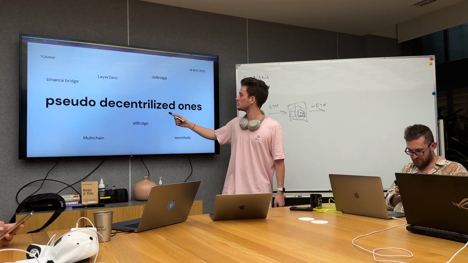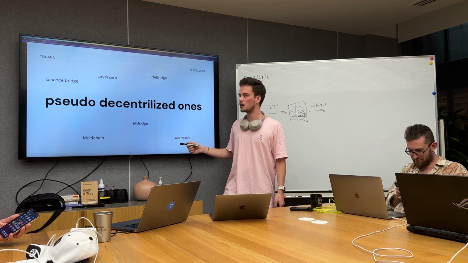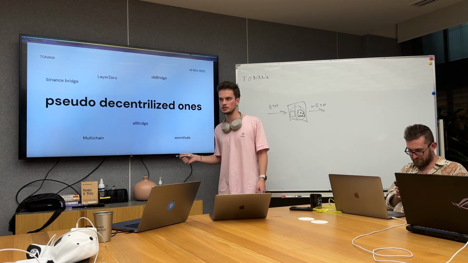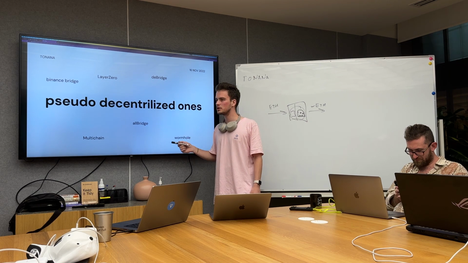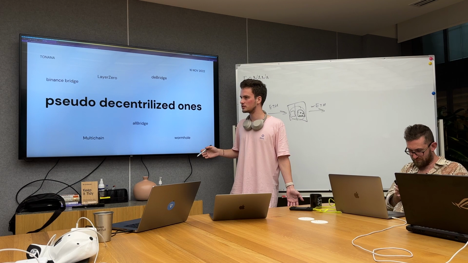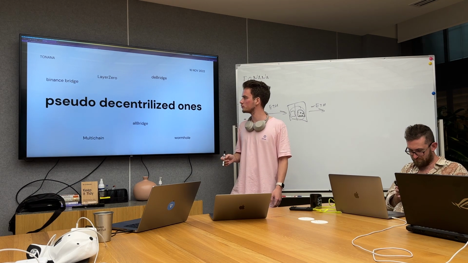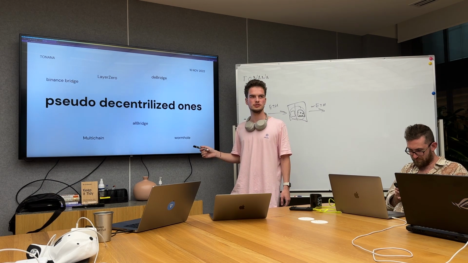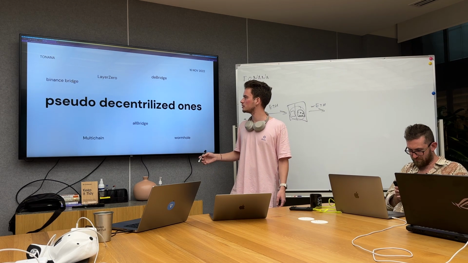Those guys basically call themselves decentralized bridges, but all of them are running on 5, 9, 10 nodes, some specific amount of nodes, and those nodes are centralized in some specific hands.